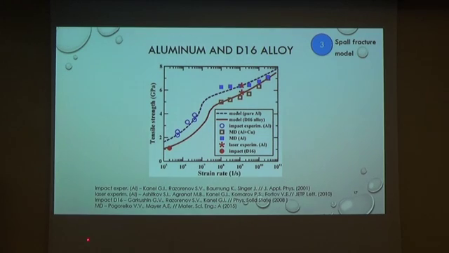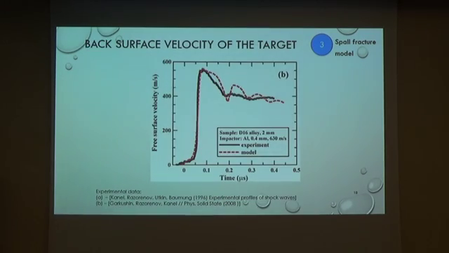And we can take from our model the tensile stress to strain rate curve. Also, we can have from our model a free surface velocity with some reverberations, and you see how SPALL fracture is described by our model.